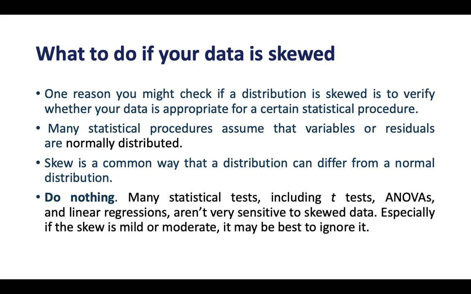You can take certain statistical tests like t-tests, ANOVAs, linear regression, and these kinds of statistical tests are not very sensitive to the skewness of the data, especially linear regression, t-tests and ANOVAs, because they rely more on the variance rather than any other measure.